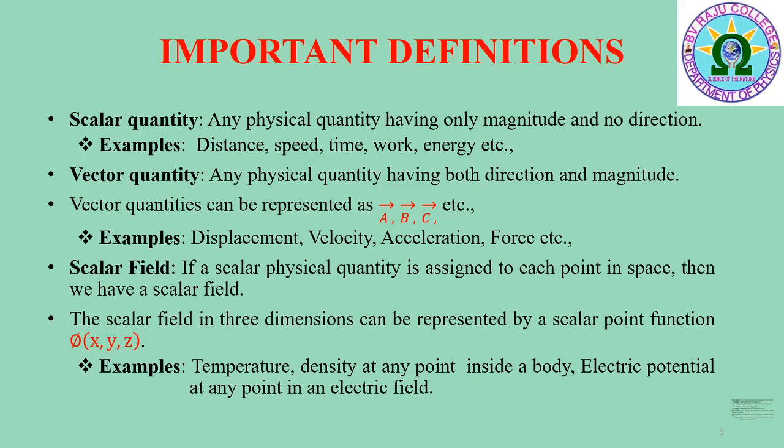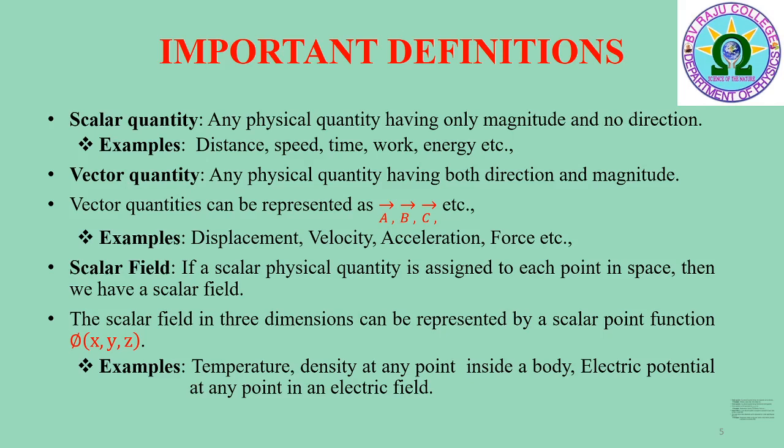Vector quantity: any physical quantity having both direction and magnitude is called a vector quantity. Vector quantities can be represented as a bar, b bar, c bar, etc. That means velocity vector is represented by v bar, force vector is represented by f bar, acceleration by a bar, etc. Examples: displacement, velocity, acceleration, force, etc. Now, scalar field.